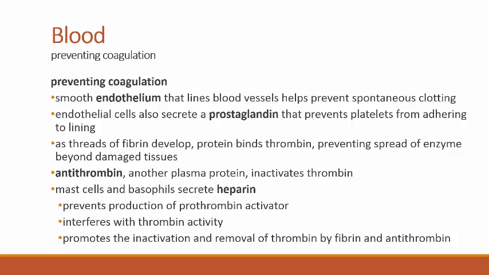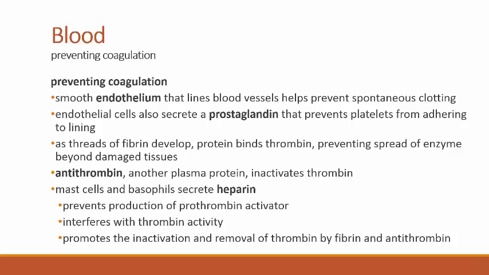The developing fibrin threads also bind thrombin, and so that prevents leakage of thrombin out from beyond the area where the damage occurred. So that's an important way of isolating, localizing this coagulation event. And then finally, the plasma protein antithrombin is there, helping to inactivate any thrombin that gets beyond that location.